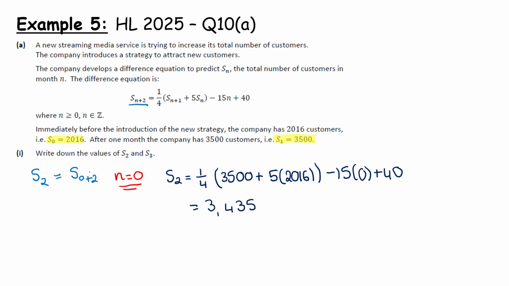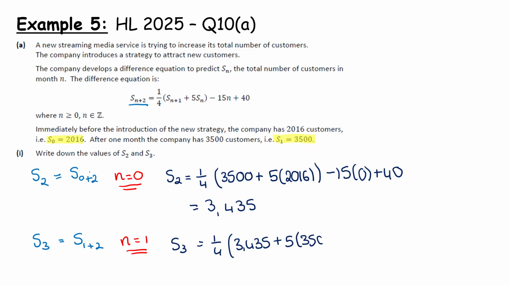3,435. And then when we do the next one, S3 is S1 plus 2. So therefore, our n is equal to 1 when we do our substitution. So S3 is equal to a quarter of 3,435 plus 5 times, this is 3,500 minus 15 times 1 plus 40 into the calculator.